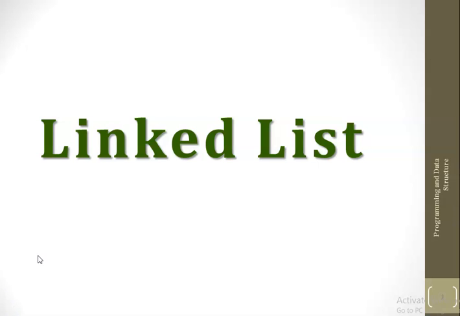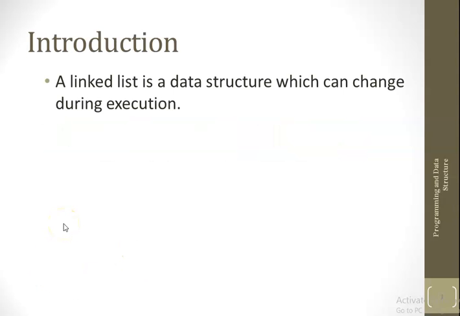Now let us see a new data structure which is called a linked list, used in place of arrays. We are having many disadvantages while using arrays. Some of those can be removed when we use linked list. So a linked list is a data structure which can change during execution.